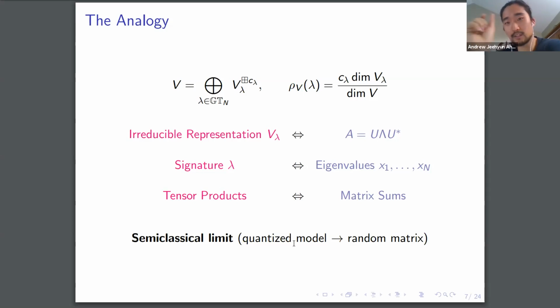It takes the mesh parameter; we have these signatures living in Z^n, and if we take some parameter which shrinks the mesh size to 0, this will take you to the random matrix world. So let me expand on that a little more.